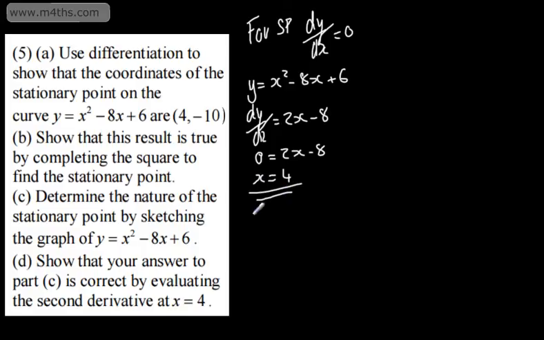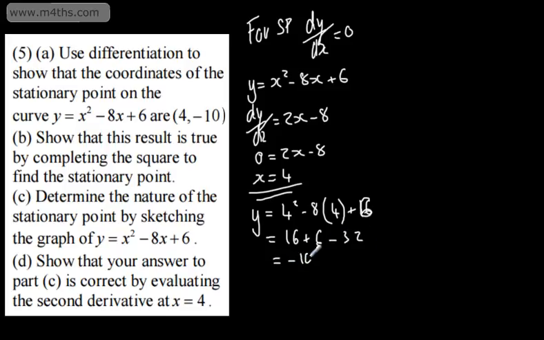Subbing back in, y is going to be equal to 4 squared minus 8 lots of 4 plus 6. That's going to give us 16 plus 6 minus 32, which is going to give us negative 10 as required.